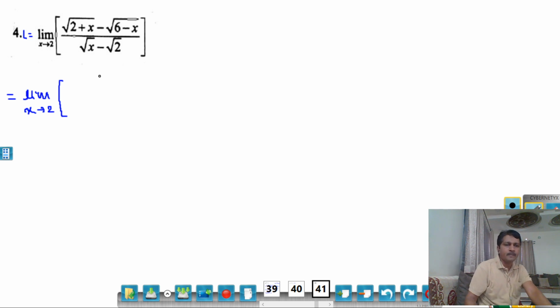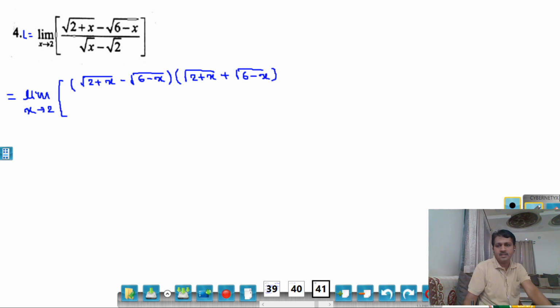So first of all, think of the rationalization of the numerator. It is square root of 2 plus x minus this as it is square root of 6 minus x. Its conjugate now, it is square root 2 plus x plus square root 6 minus x.